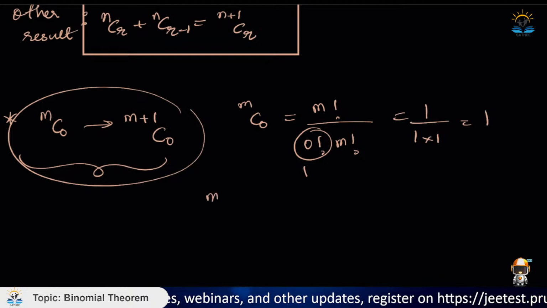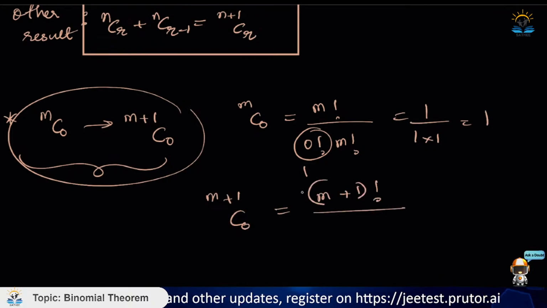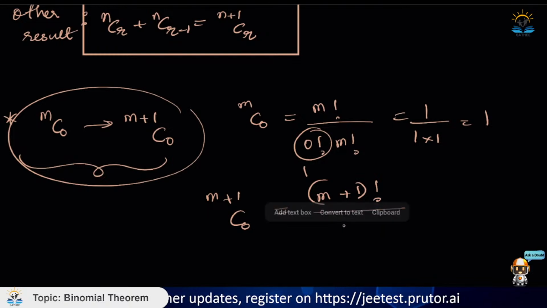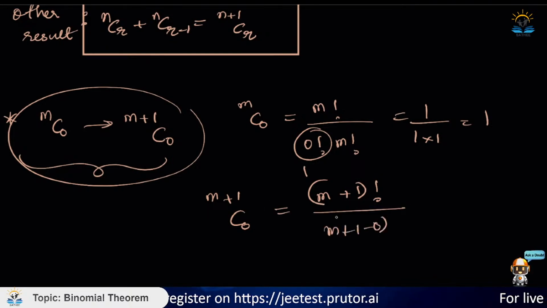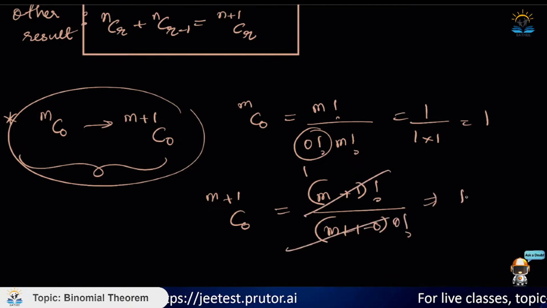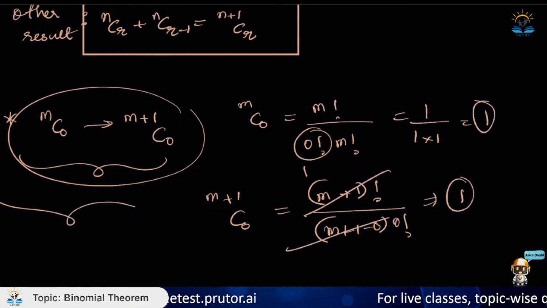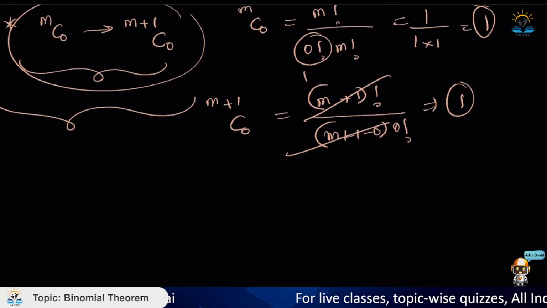Now (m plus 1)C0 is (m plus 1) factorial divided by m factorial and also (m plus 1 minus 0) factorial, so this will cancel and again we get 1. So we can basically represent this and that as the same thing.